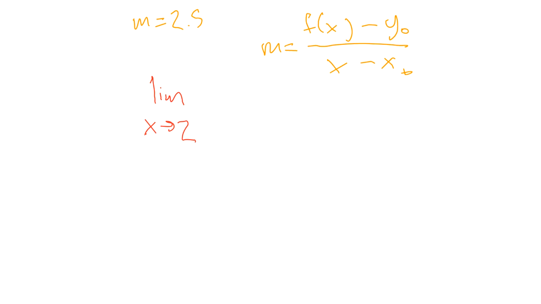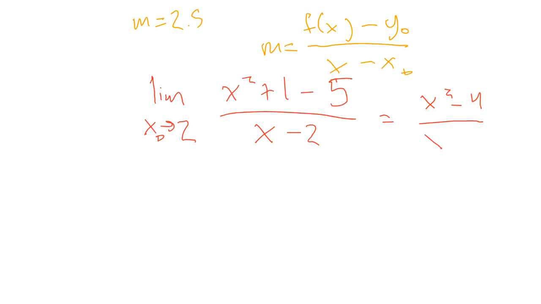So now we know that any f of x is going to be x squared plus 1 minus 5 over x minus 2. So now let's go ahead and plug this in, and we end up getting x squared minus 4 over x minus 2.